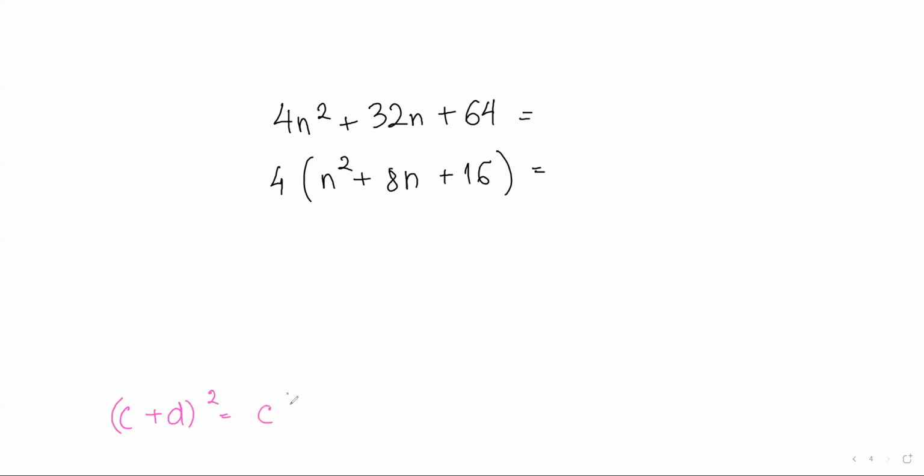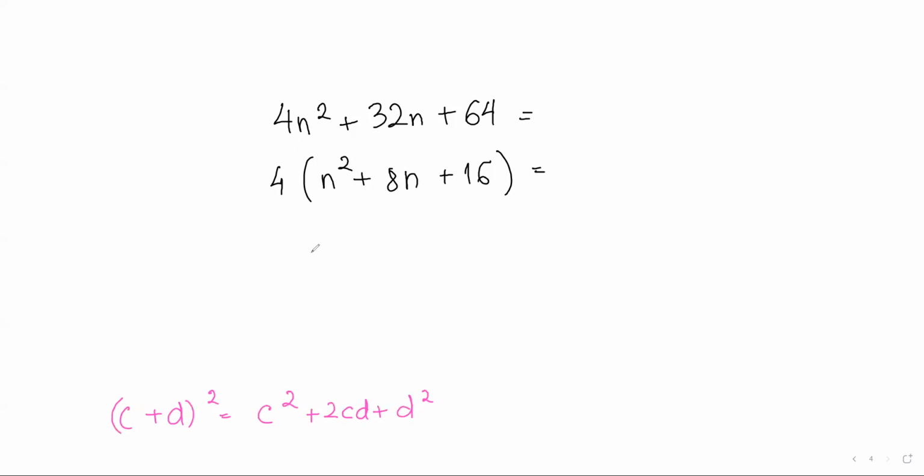Squared. First number squared, last number squared, and double of their product. So I think I can see that this is the first number squared, and 16 is the last number squared, which is 4. And all I need to confirm is that 8n is double of their product.